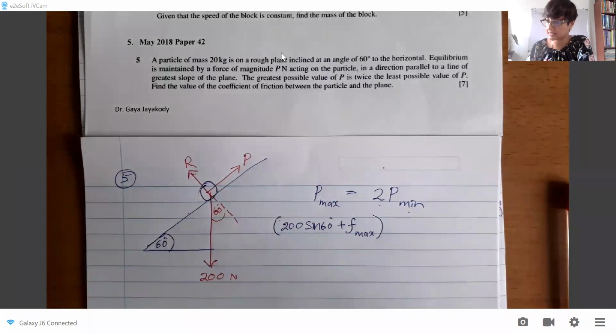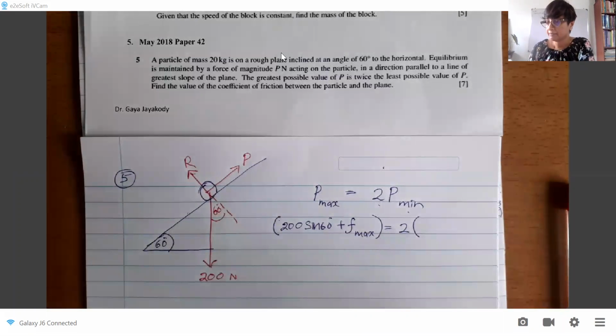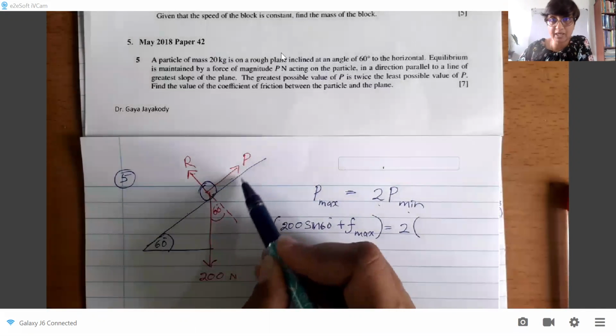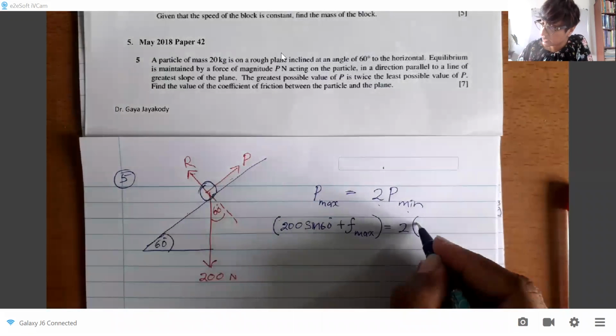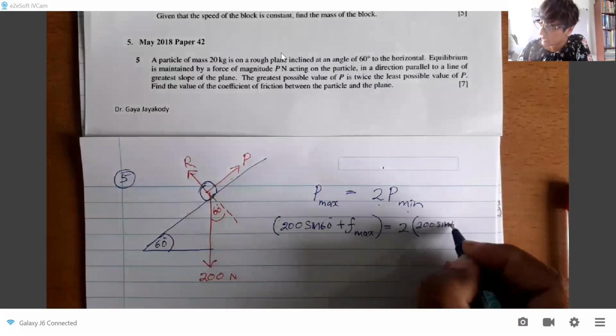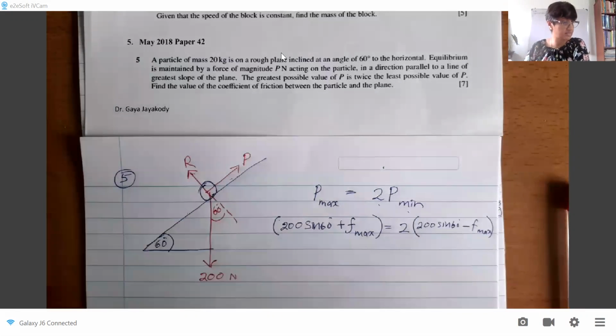That's what P max is equal to 2 times P min. Minimum P is when F max is acting towards P, then P min is the component of the weight 200 sine 60 minus F max. Is this right?